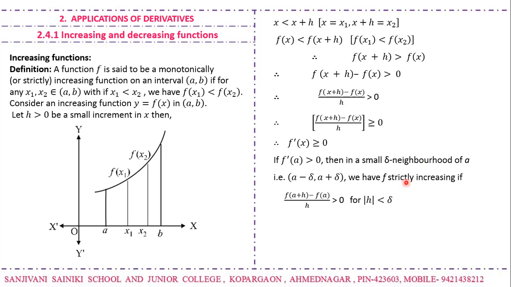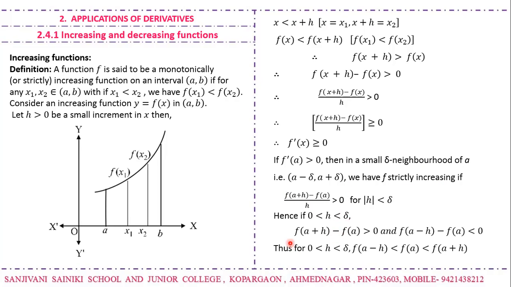So now we have f strictly increasing. When we say that a function is strictly increasing, its derivative is greater than 0. So f of a plus h minus f of a is greater than 0. It means from the right hand side, the difference is greater than 0, and from the left hand side, the difference is less than 0.